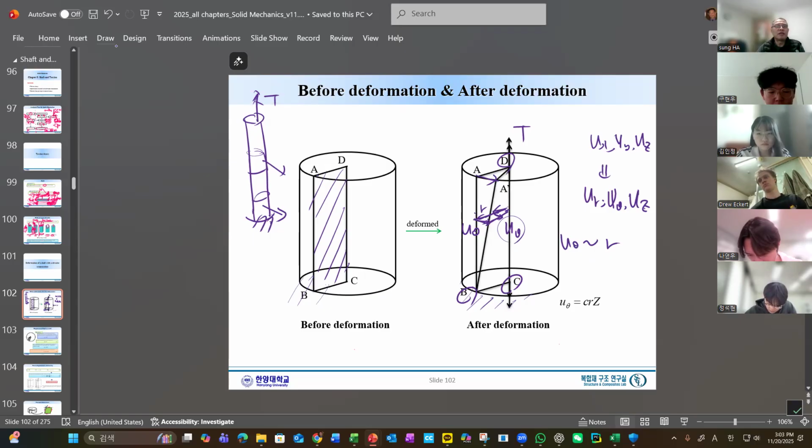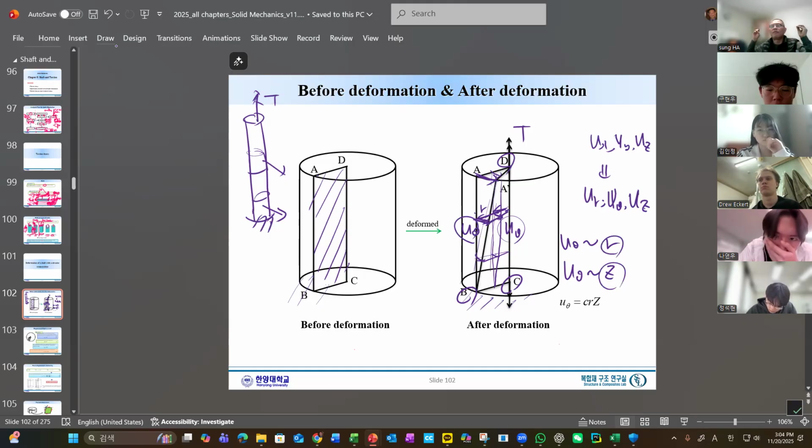And also, U theta, as you can see, is increasing even inside with respect to Z. U theta is proportional to Z. Even at the surface, you can see that U theta is increasing with respect to Z and R. Those are the two most important observations of deformation in the torsion case.